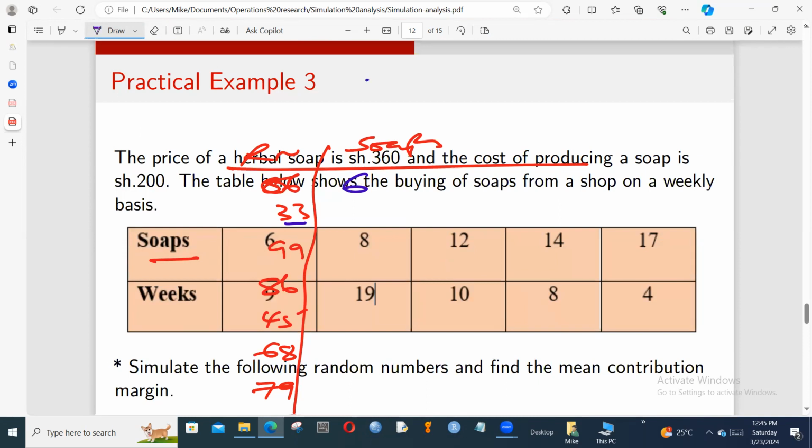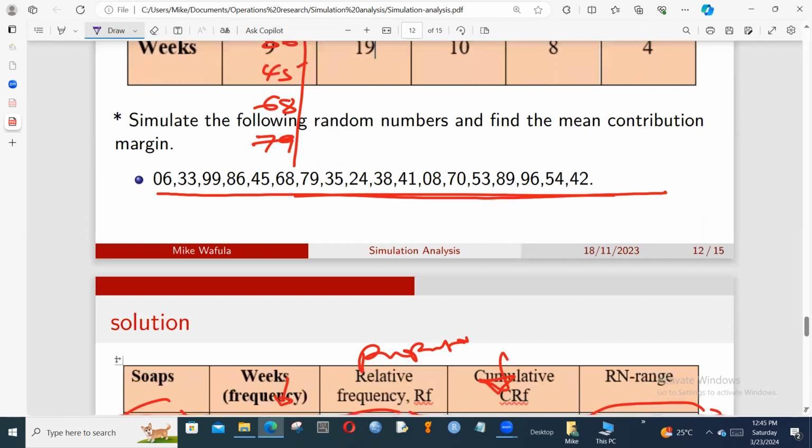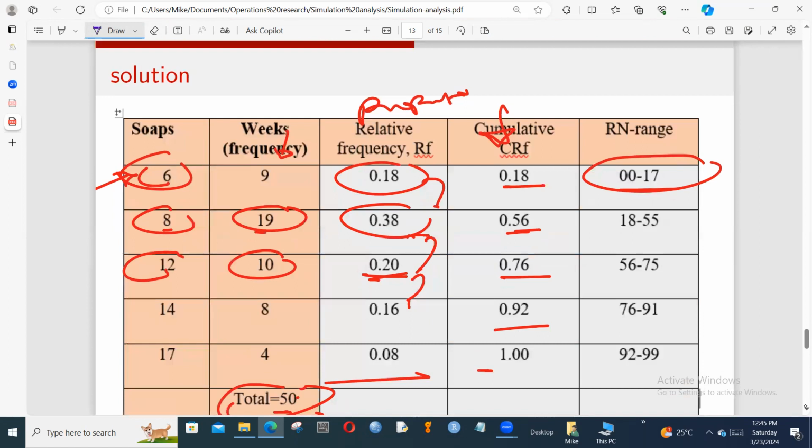Then you check 33, the next random number given. 33 now lies between 18 to 55. And 18 to 55 corresponds to the number of SOPs being bought being 8.